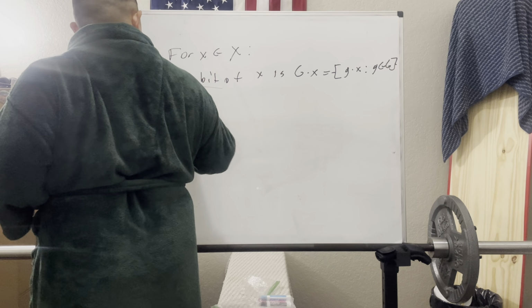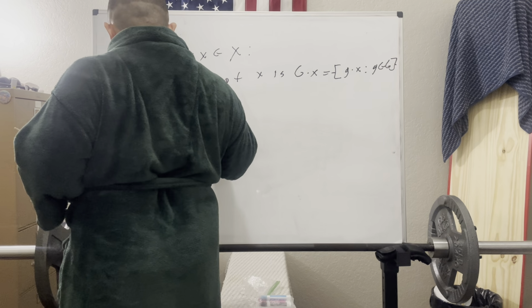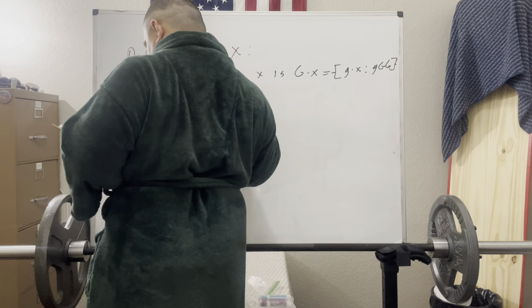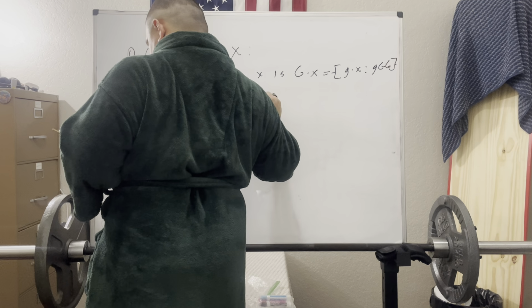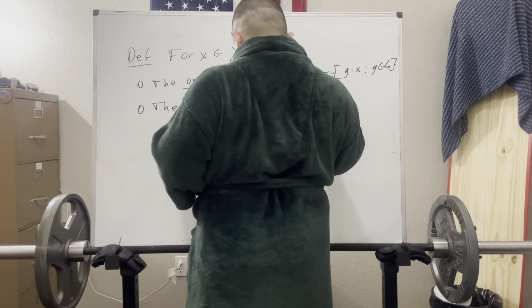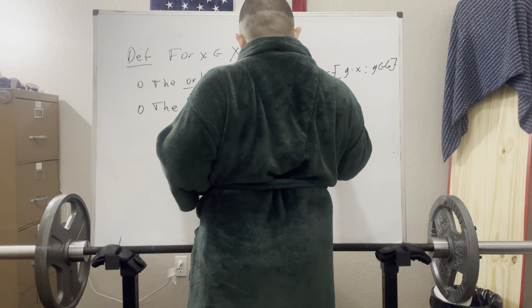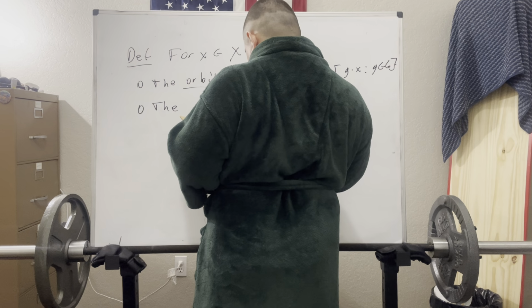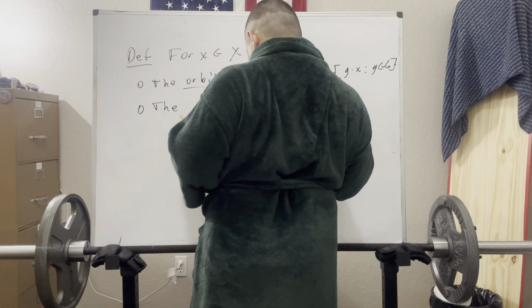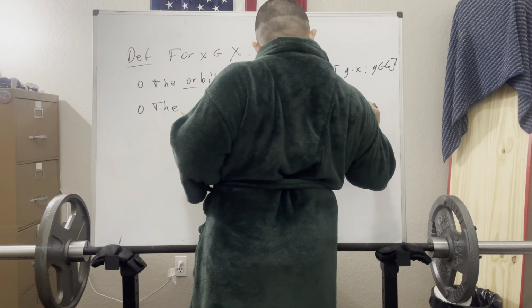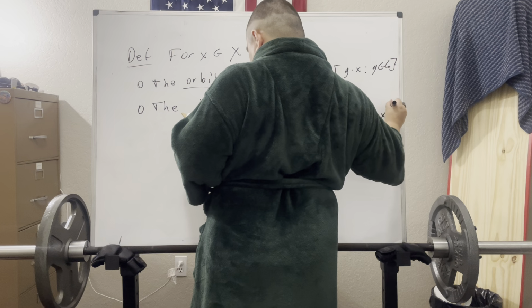So the stabilizer of x is Stab sub G of x, which is equal to the set of g within the group G such that g operated with x is equal to x.